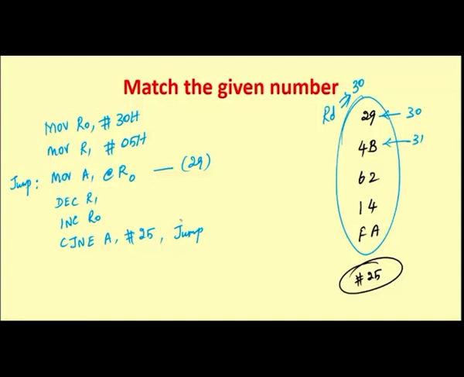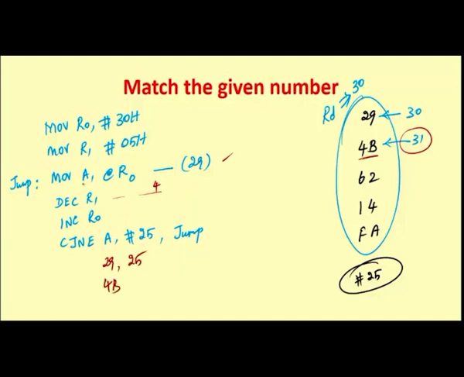The first number 29 is taken, then the counter is decreased to 4. Then R0 is increased, so it will take the next address 31, whose content is 4B. The first 29 is compared with 25, which is not equal.